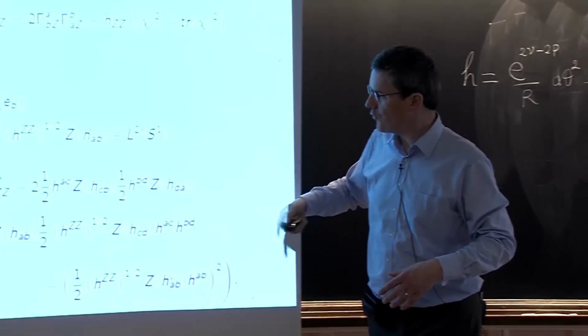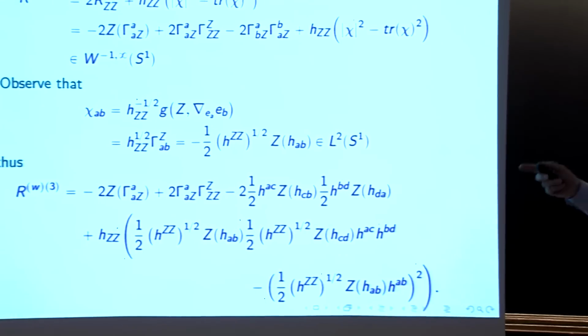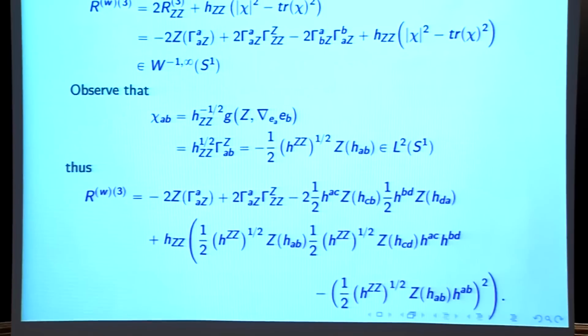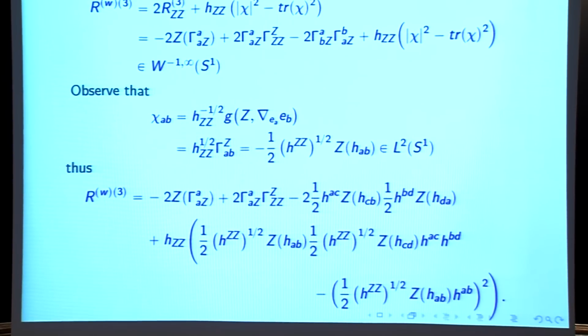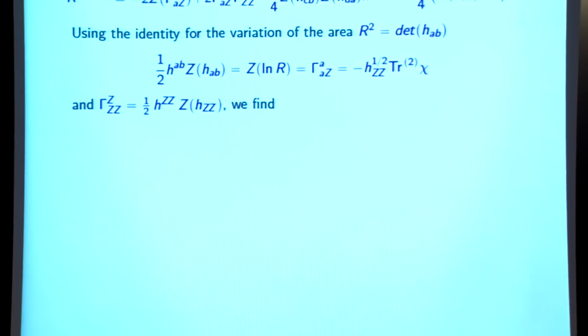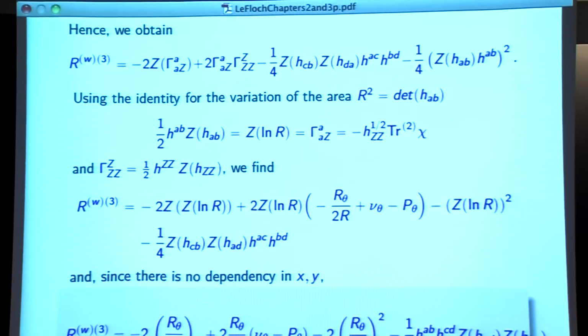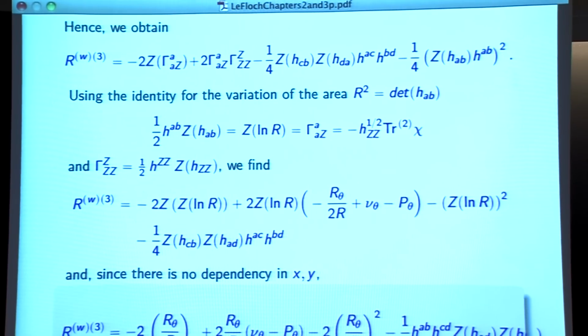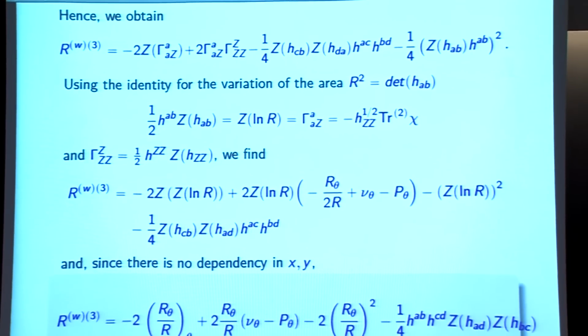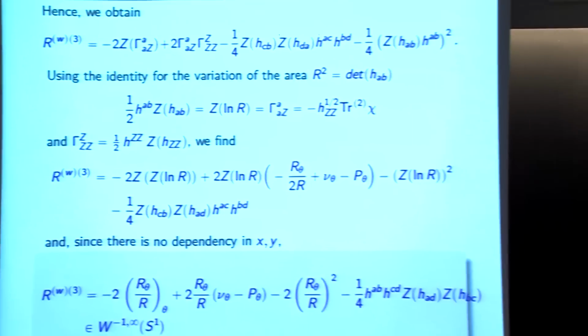So I don't want to go through the details of the calculations, but most of the calculations are written on the screen and on the notes that I will distribute. You continue with some more calculations, and you arrive at what you want to see, right? So this is our first equation.